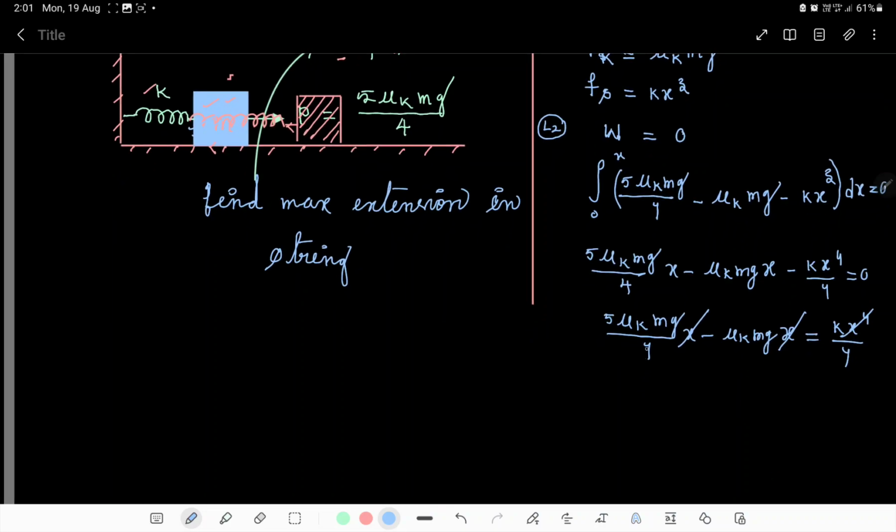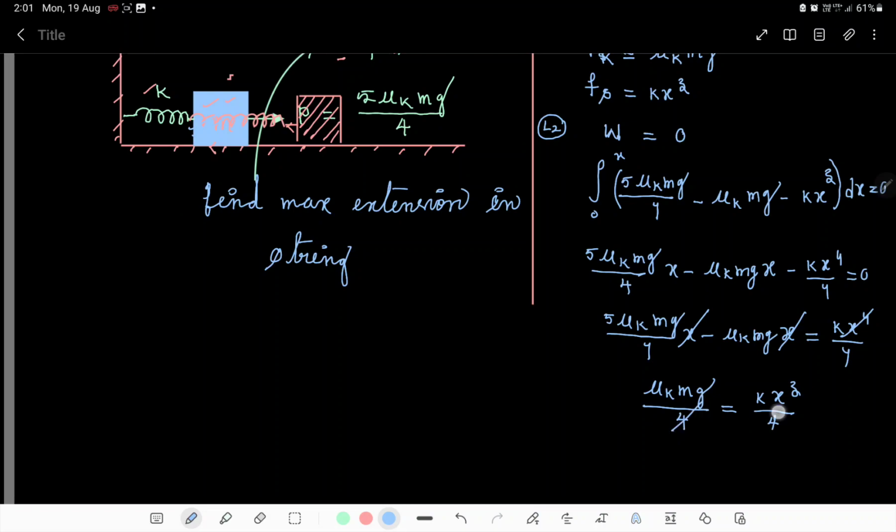Taking the LCM, I get mu k mg by 4 equal to kx cube by 4.